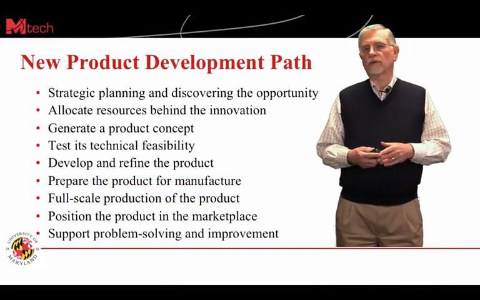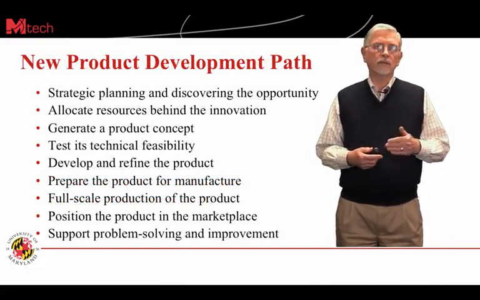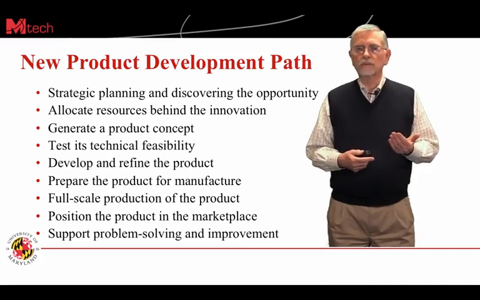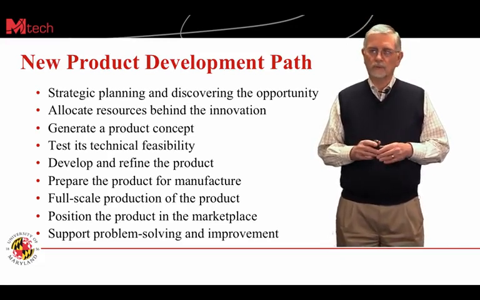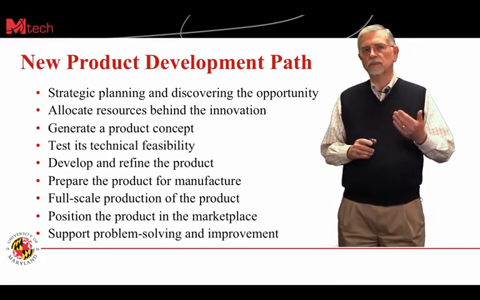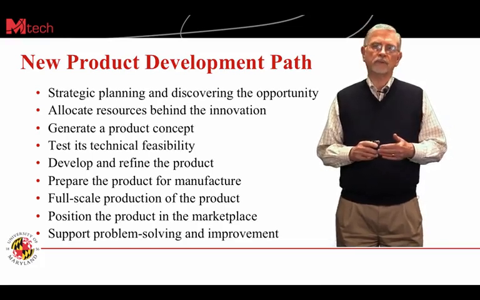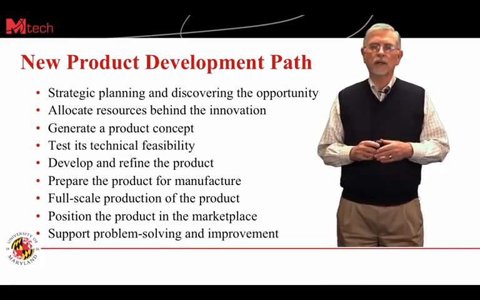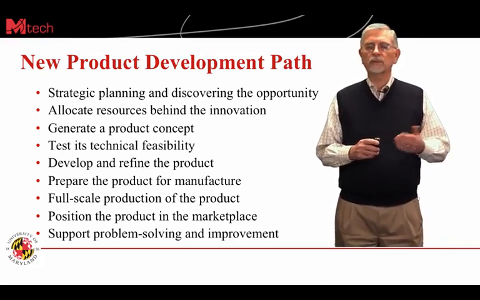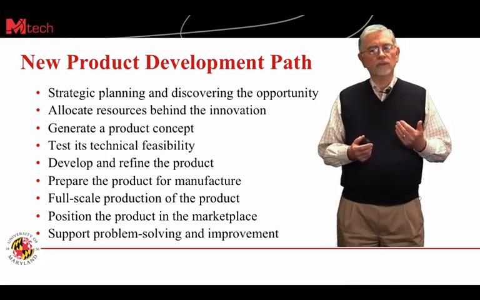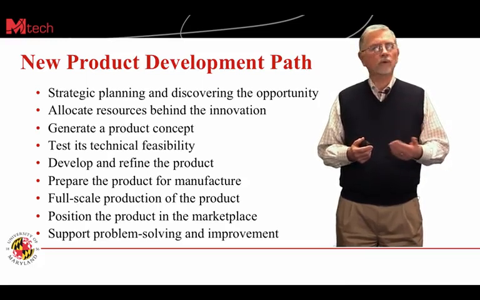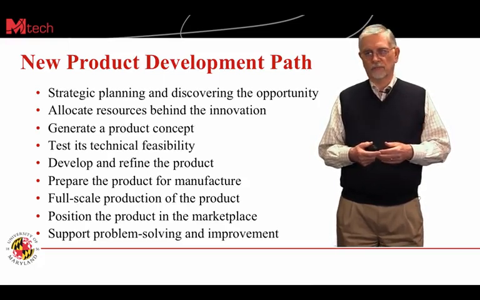The new product development path is one that we're most familiar with. Most of the things that we see as new innovations are in the form of new products. This is the series of steps that typically happens in an organization, a corporation, Procter & Gamble, General Motors, any big organization that triggers their innovation with a strategic planning process or a discovery of an opportunity.